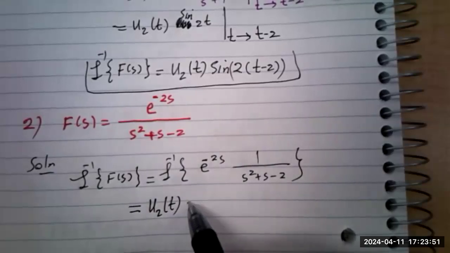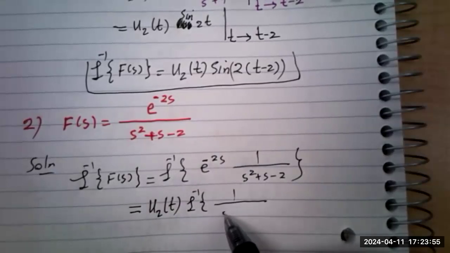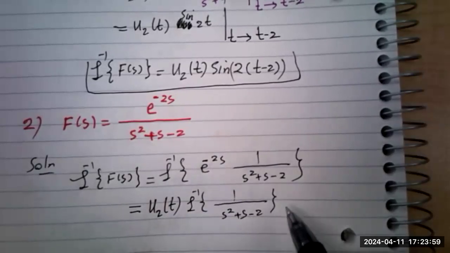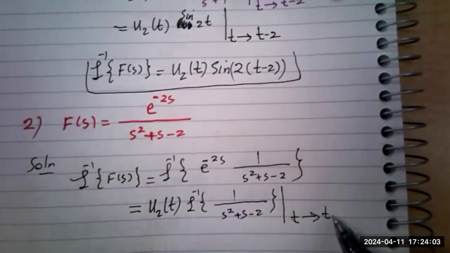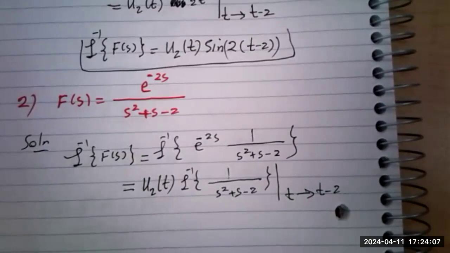Then I have to find the Laplace inverse of 1 over s squared plus s minus 2. When I get it, then I change the t into t minus 2. It's a coincidence, both of them are t minus 2. Okay, so we have to work on this one, as we did before.